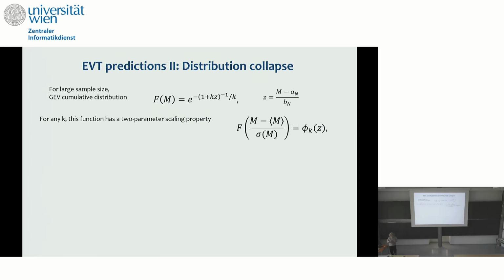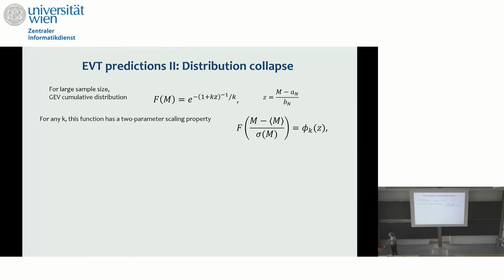Another prediction that comes from extreme value theory has to do with the scaling properties of the distribution. So the distribution, you can show, this is the generalized form of the extreme value, which Kavita gave an introduction to. You can show that for any value of k, if you have a random variable that is distributed according to this with a particular k, a particular shape factor, and you do an affine transformation of that variable, it still has the same shape factor.